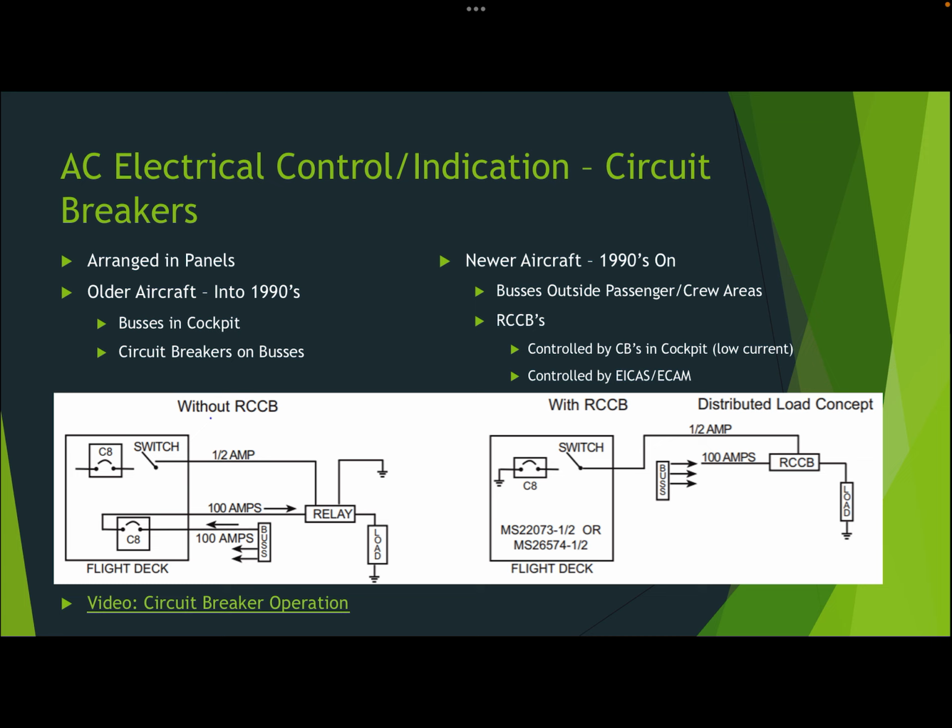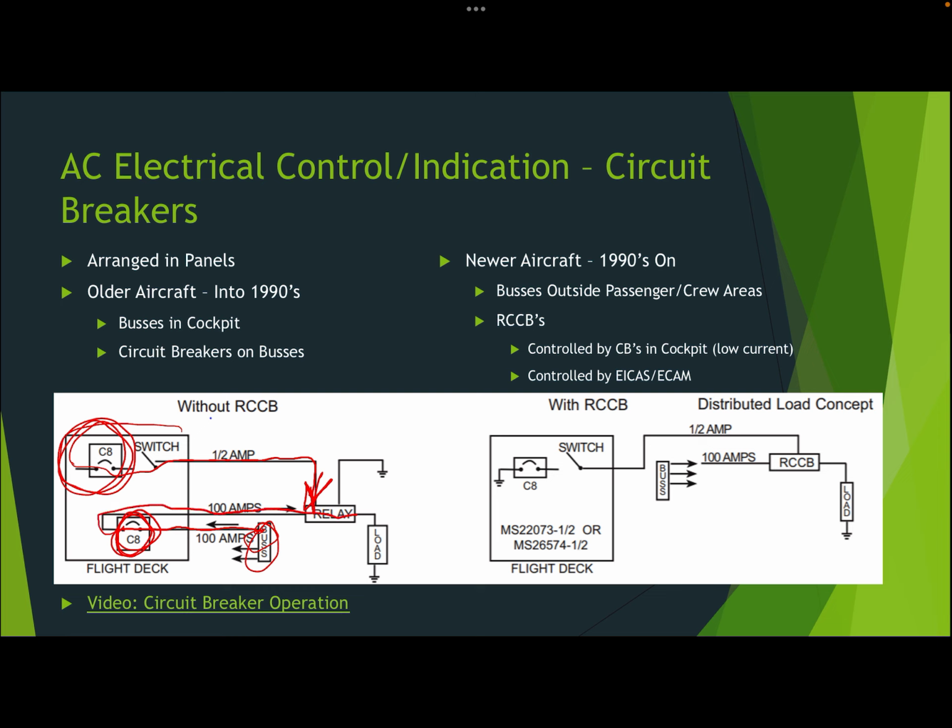So here's this old system on the left where both these low current control breakers, shown by this one here, this breaker would provide power, and it was a half amp to a relay, and then that relay would get power. Here was the bus. Power from the bus would flow through a different big circuit breaker, high current circuit breaker in the flight deck.